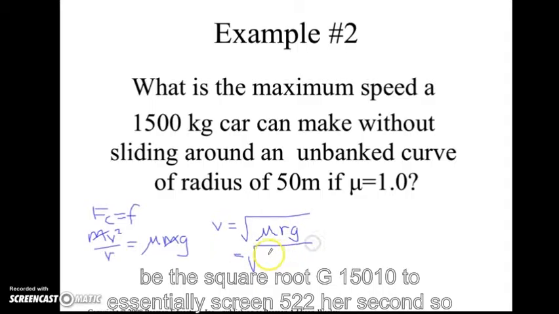If I plug the numbers in, I've got 1, 50, and then 10. So the square root of 500 gives me 22.4 meters per second.